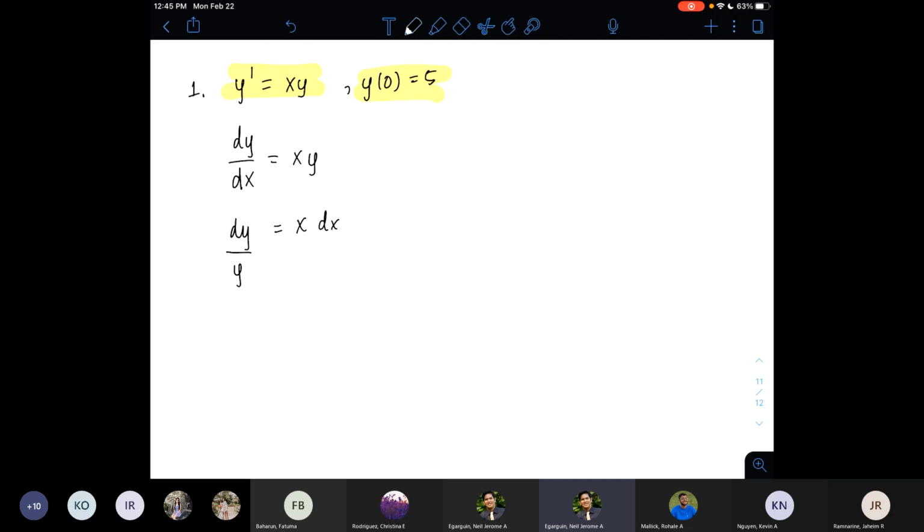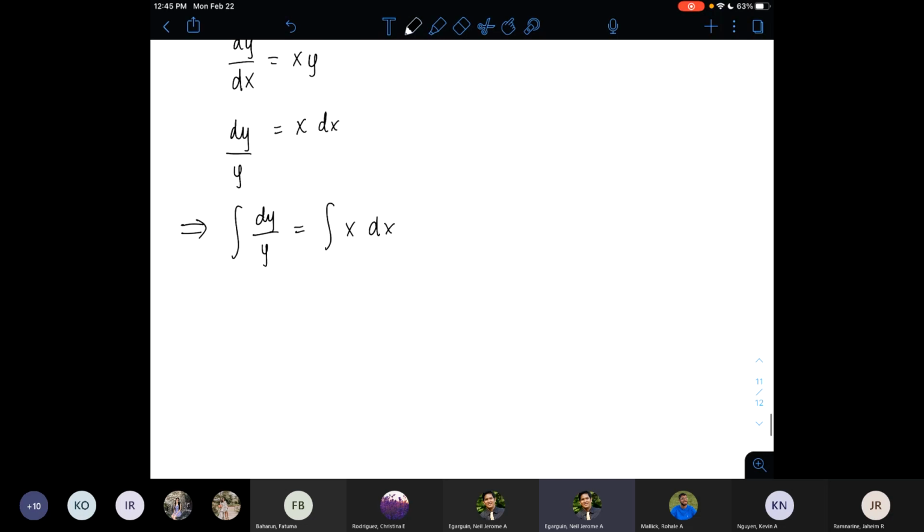And this is extremely helpful because to find y, I can simply integrate both sides of the equation, right? And when I integrate, the integral of dy over y is ln of the absolute value of y equals x squared over 2 plus the arbitrary constant c, right?